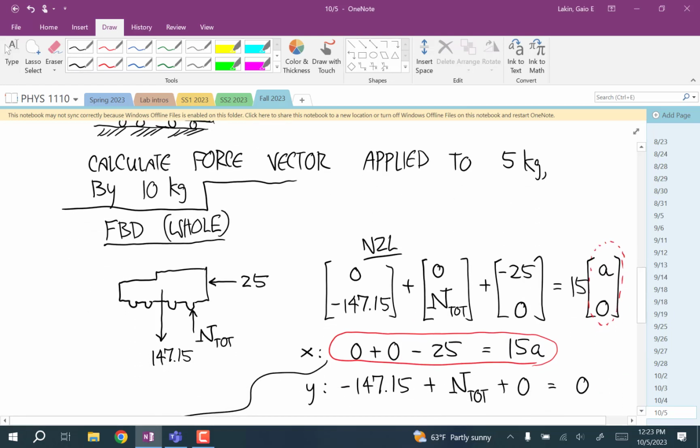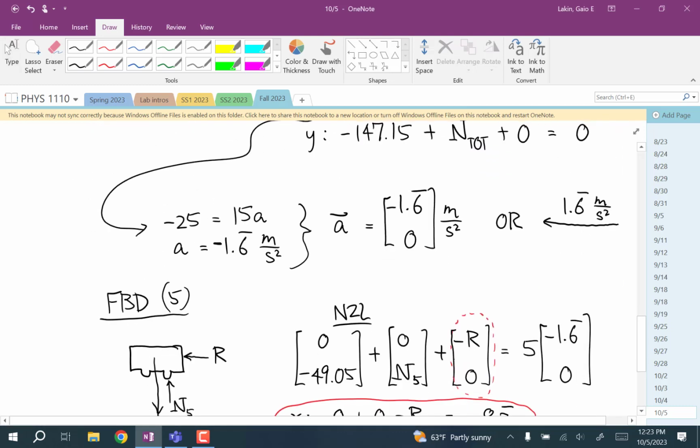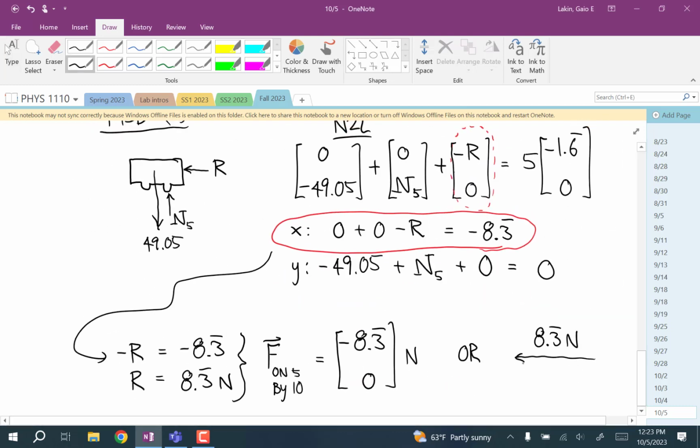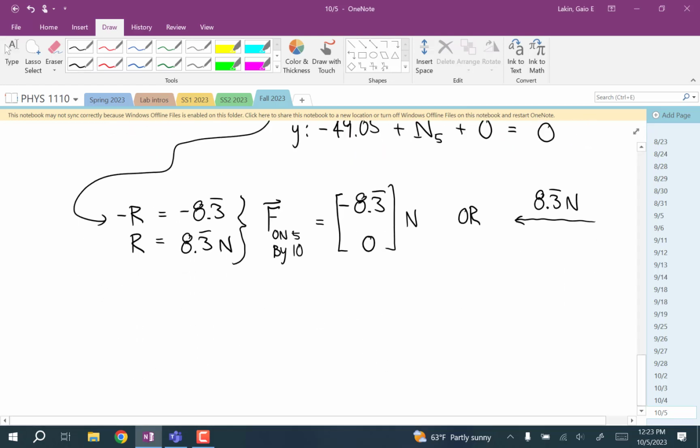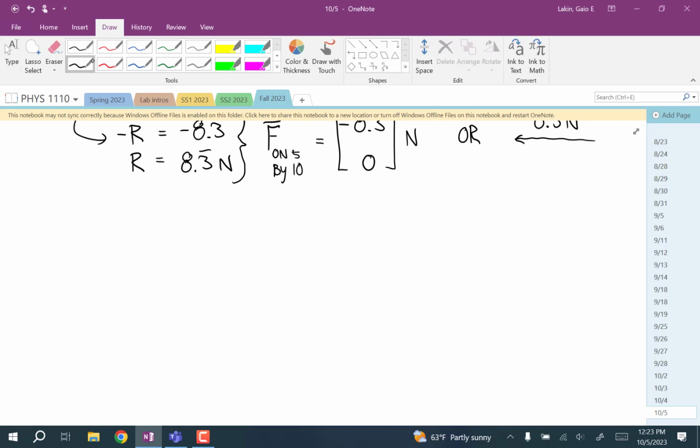So based on this, we know that in this application, we need those walls to be thick enough to deal with an 8.3 Newton force. Okay, so that's it for this example.